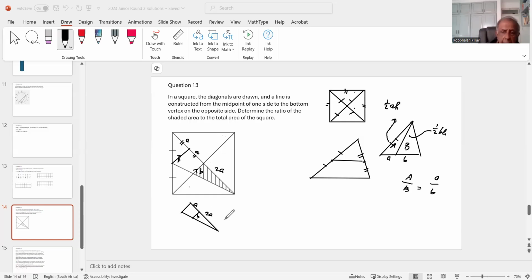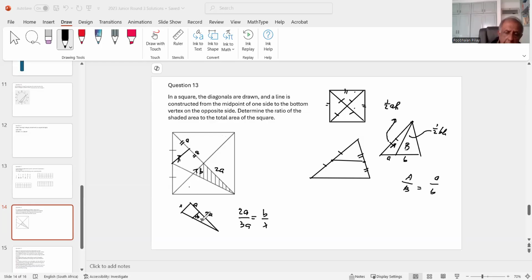Which means that if you take the small triangle, it has the same angles as the big triangle, 2A over 3A. This over the whole thing is equal to, let's call this thing X, B over X. Because B is opposite this point here, and X is opposite that.